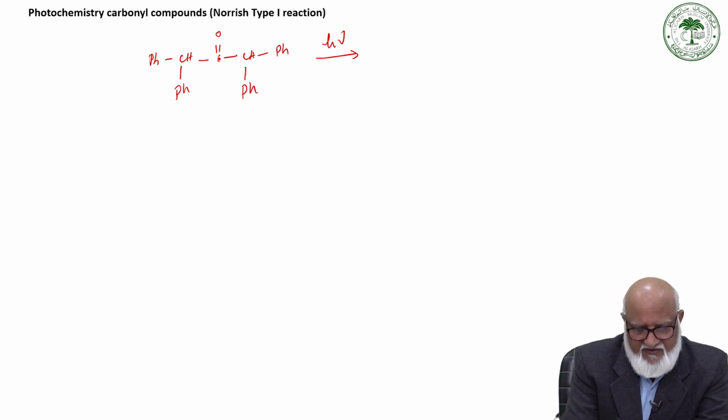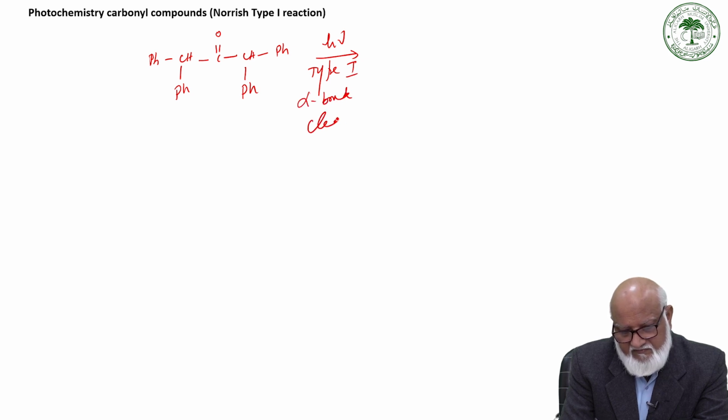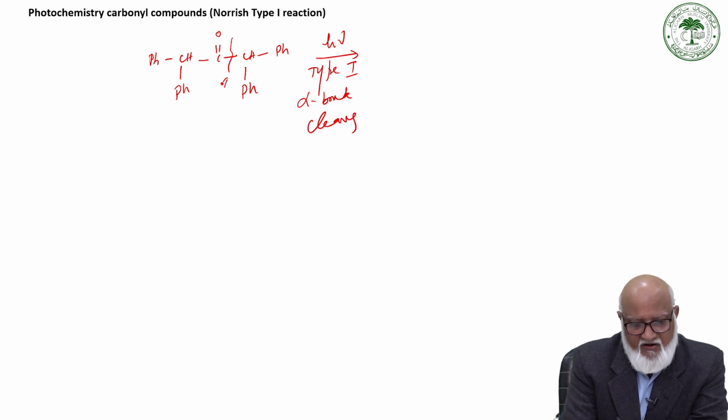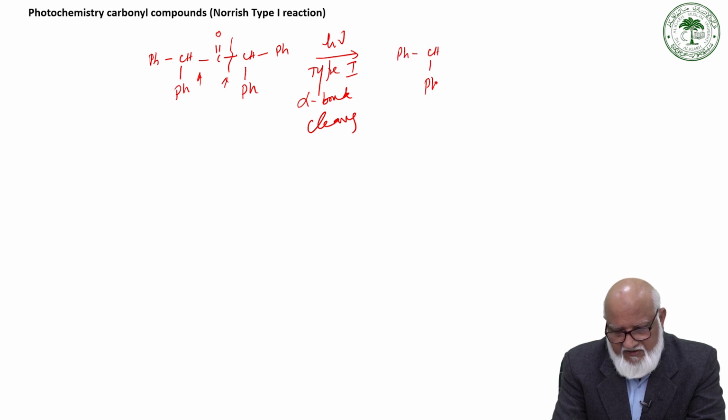We know that this is a ketone connected with this CH diphenyl group, and this will definitely undergo a type 1 reaction, which is alpha bond cleavage. Since this is symmetrical, whether we cleave this bond or this bond, we end up with a similar stability carbon center radical. So we just cleave this to get PH, CH, PH, C double bond O plus CH, P.